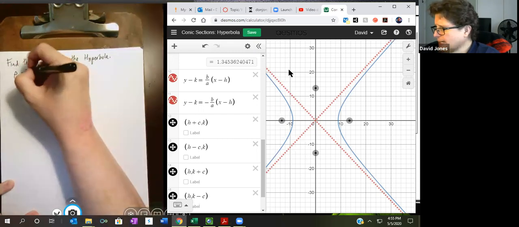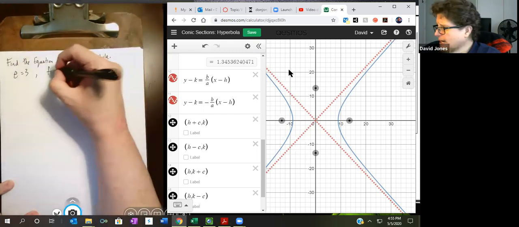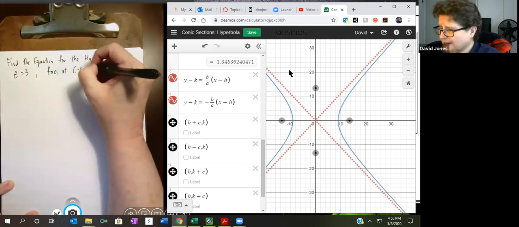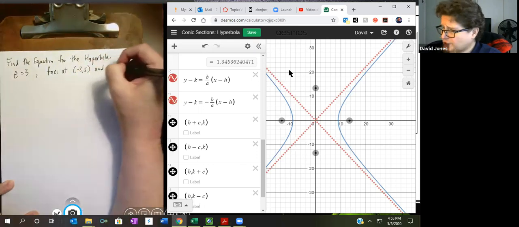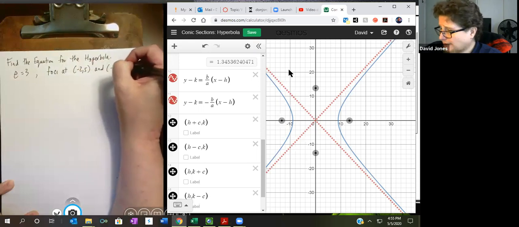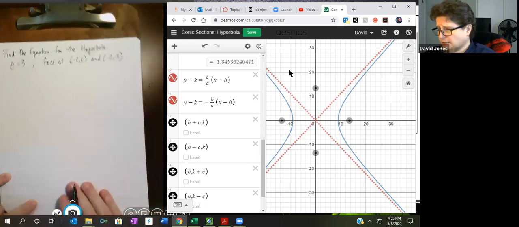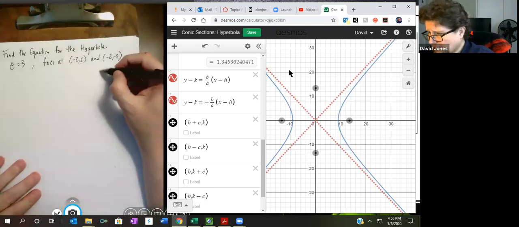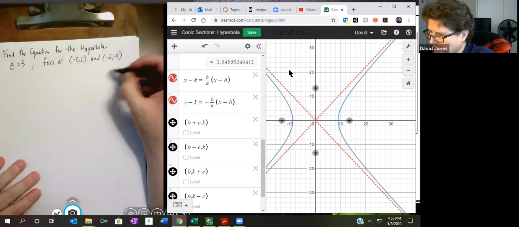E equals 3, and we have foci at negative 2, 5, and negative 2, negative 3. So it can't hurt to sketch something.